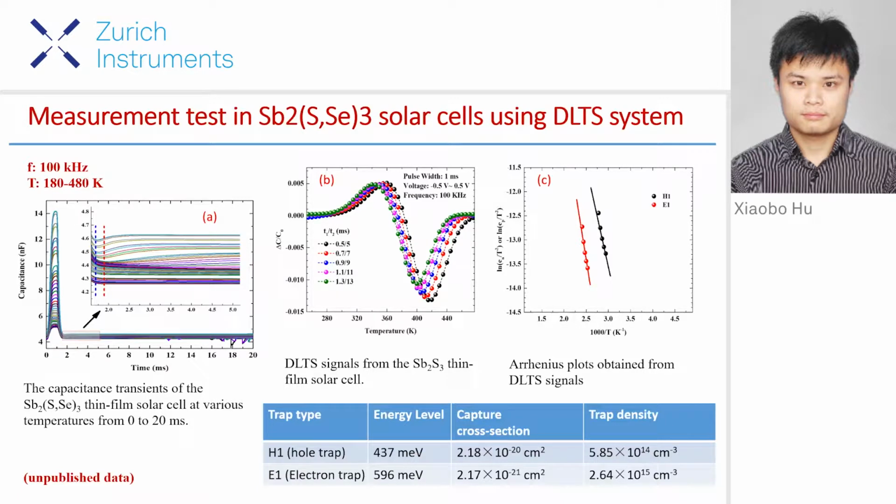So an electron trap and a hole trap were determined in SbSe solar cells.